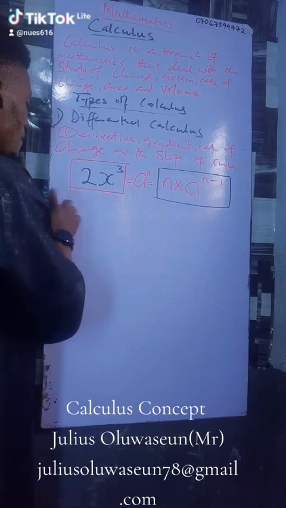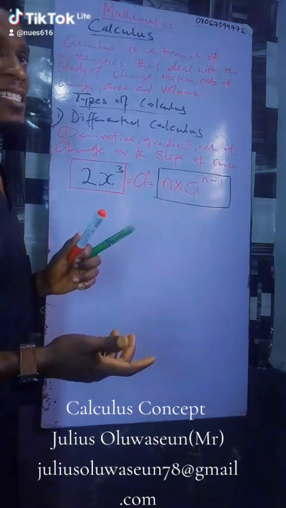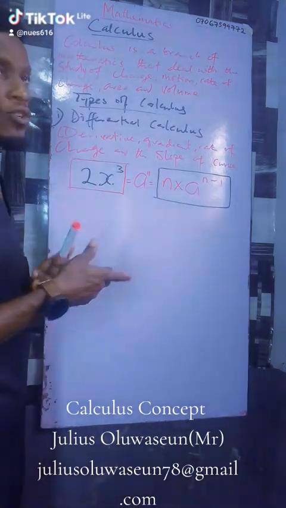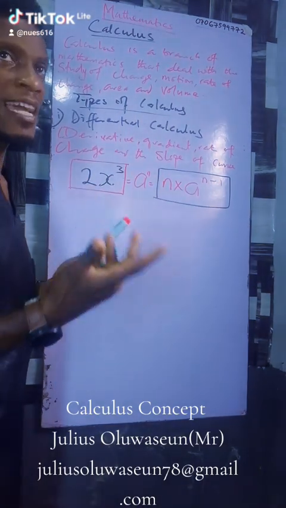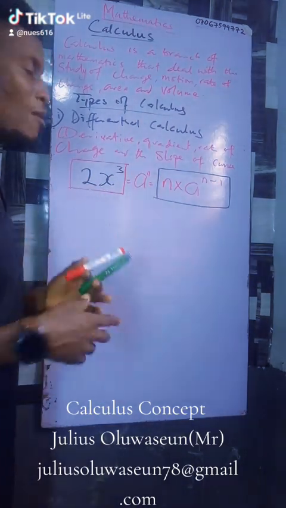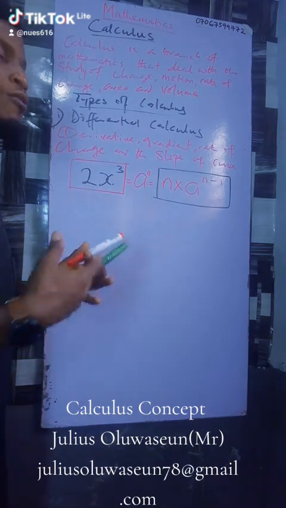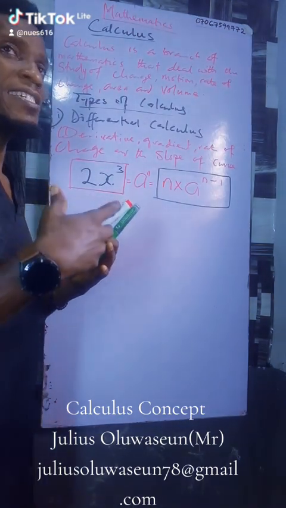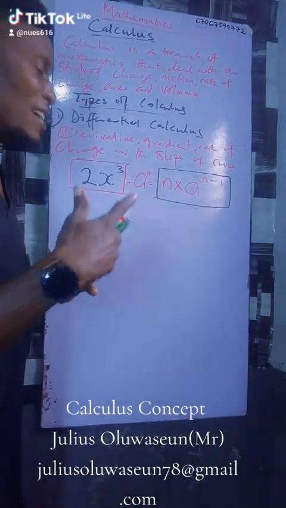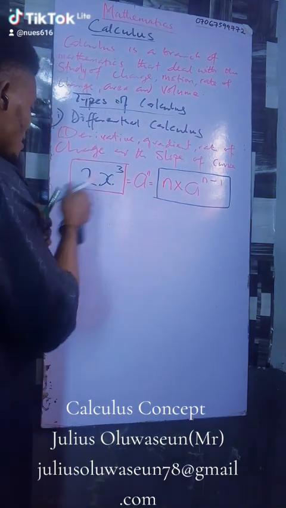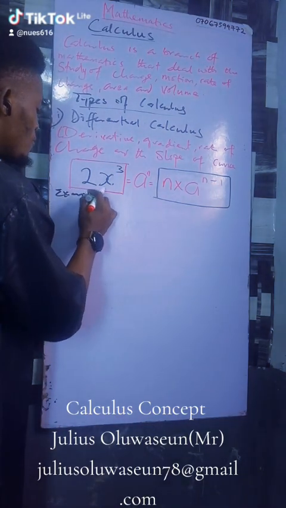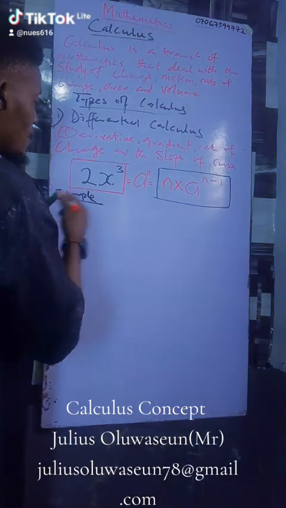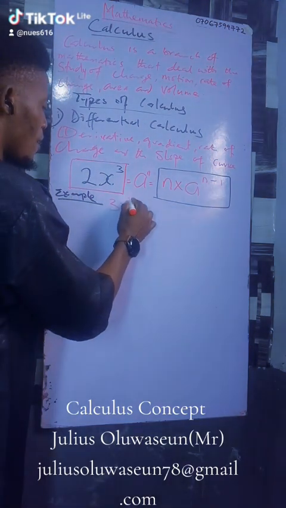We normally make use of dy dx depending on the variable given to us. If you are given two variables such as y and x, you use dy dx. But if you are given a and b, you use dA over dB. Let's take an example: we are given 3x power 2.